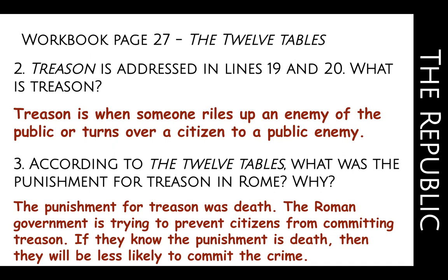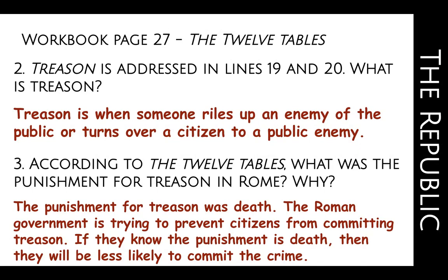Well, I said that the government is probably trying to prevent citizens from committing treason. If you commit treason, then you'll be put to death. I think if I knew that was the crime, I wouldn't commit that particular crime, knowing that the punishment is death. That's my answer.